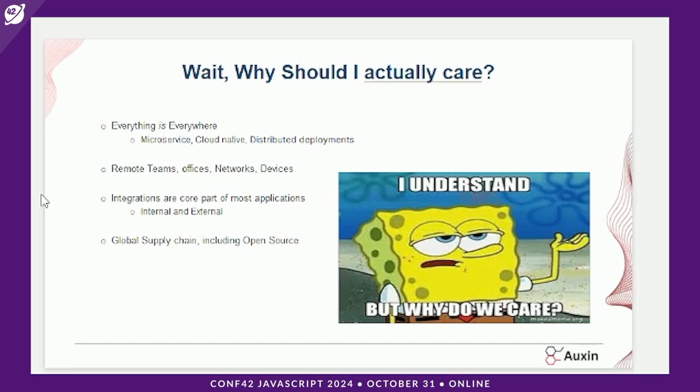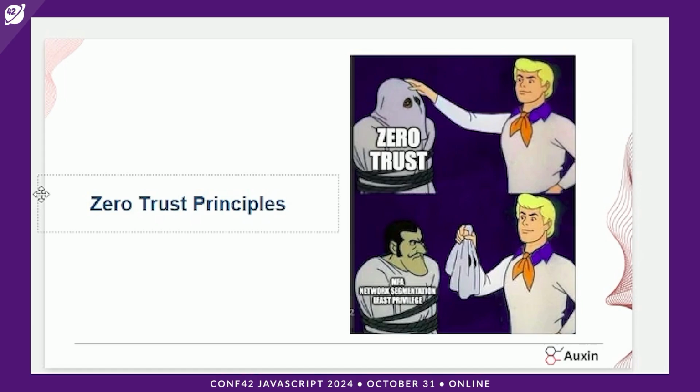We must consider the global supply chain, which includes open source software and components that many organizations depend on. This can be a security risk because vulnerabilities in widely used open source libraries can affect countless applications globally.